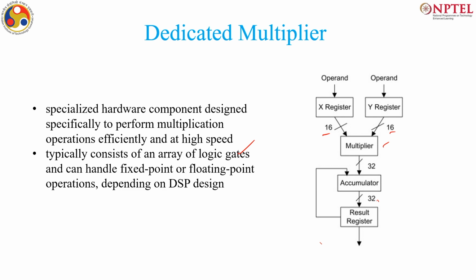And this typically consists of an array of logic gates that can handle fixed point and floating point operations depending on the DSP design. So the DSP can be a fixed point design or a floating point design. If you are not sure what fixed point or floating point is, say you have an 8-bit register, so I can store 0 to 255 considering all are integers.